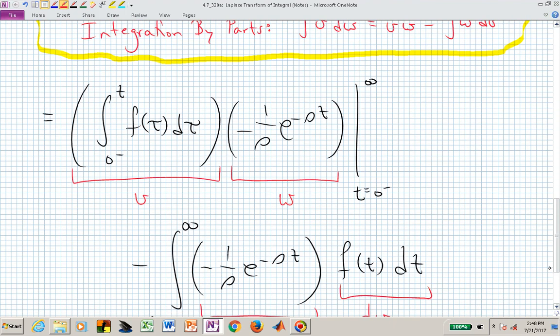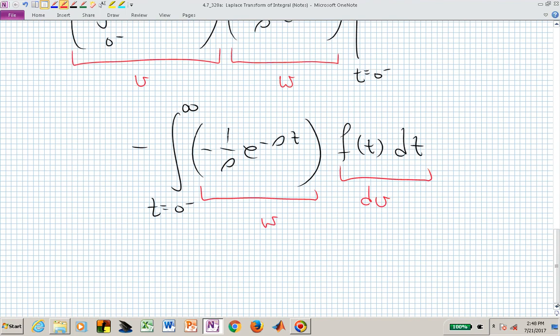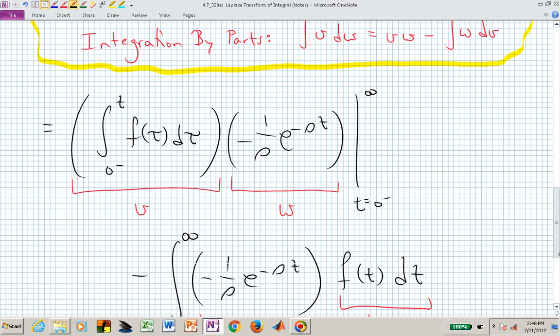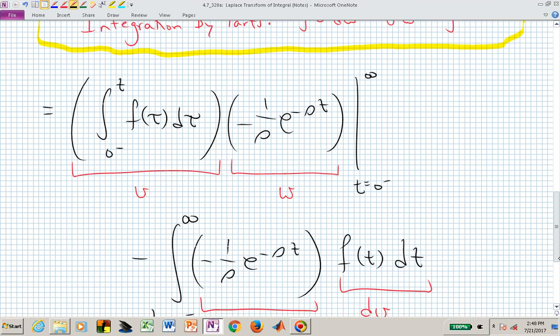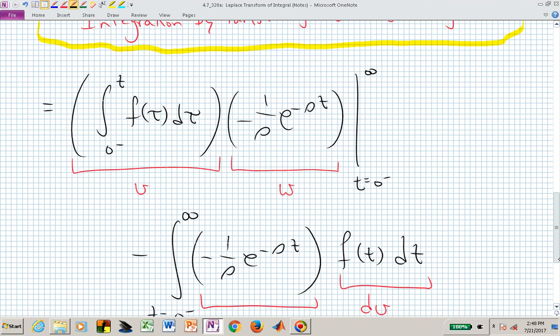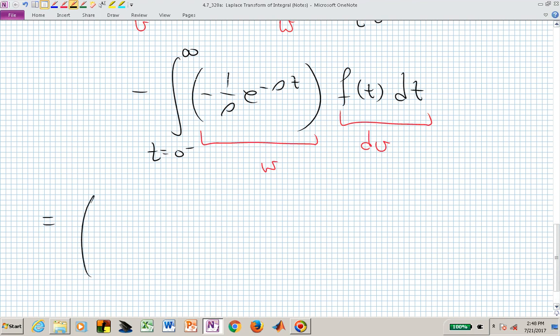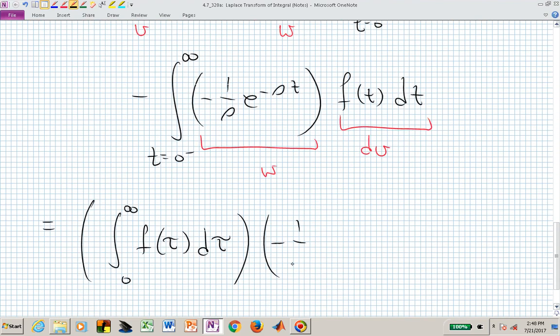Let's now evaluate the first term at the upper limit and the lower limit. We evaluate this at t equals infinity and subtract from that the expression evaluated at t equals 0 minus. So now we have the integral from 0 to infinity of f of tau d tau times minus 1 over s e to the minus s infinity.